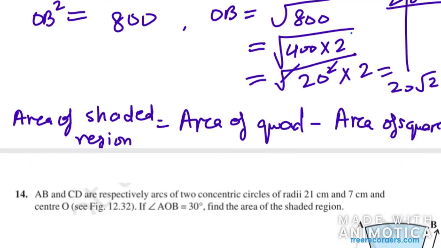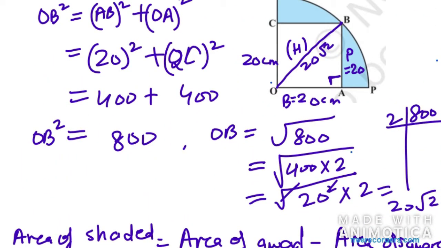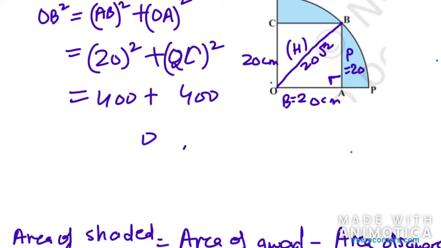So area of quadrant is theta over 360 degree, that is 90 over 360 into pi r square.